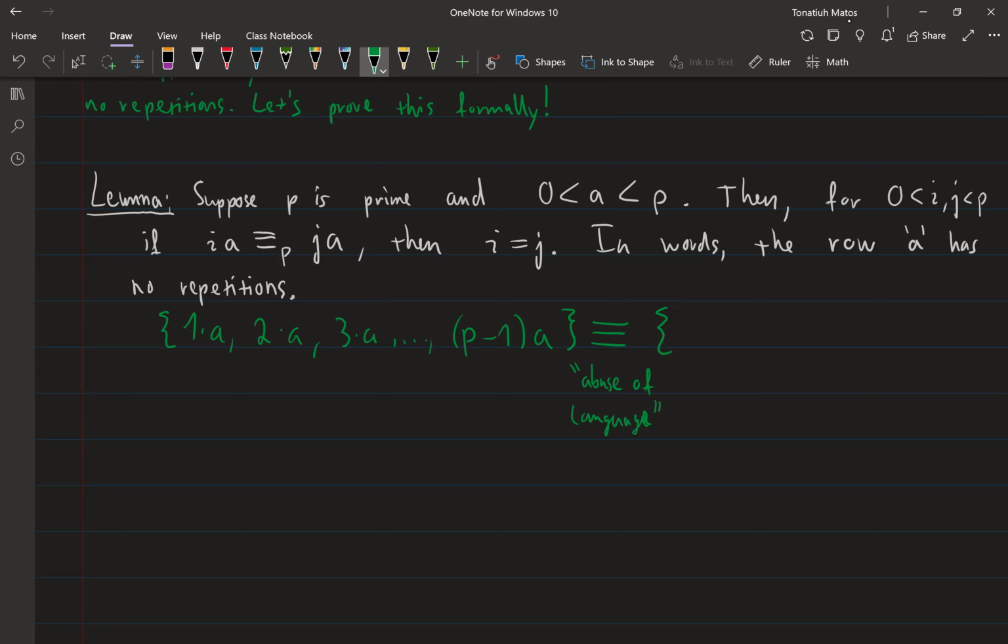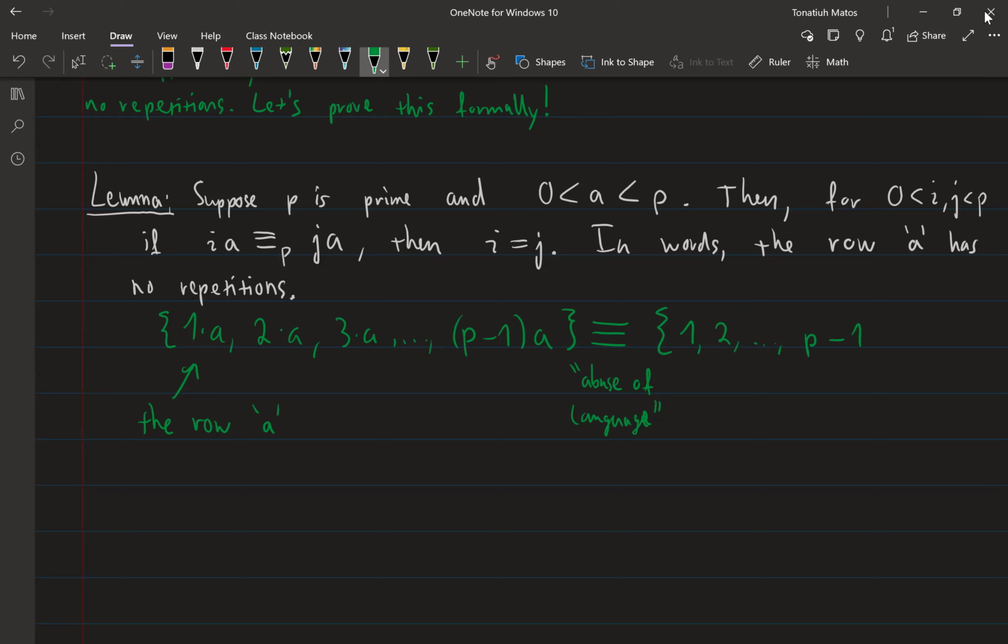This symbol, the 3 parallel lines, is a symbol that I defined between two integers, a relation between two integers. But here I'm comparing two sets, which isn't exactly precise, right? So just be careful about this. But I think you can all see where I'm going with this, right? So what I'm saying is this is the row A written in order left to right as it appears on the multiplication table. And the claim I'm trying to make is that these are just all the numbers, but shuffled, right?